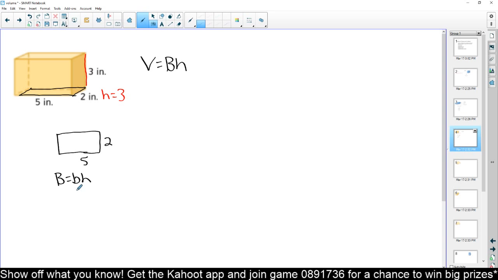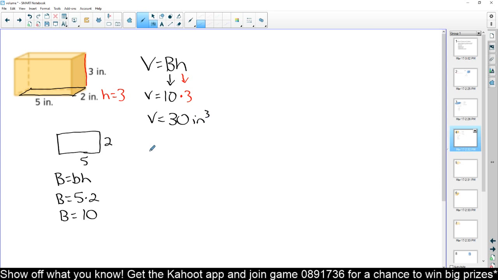Okay, so I'm going to substitute that in here. So B equals 5 times 2, or B equals 10. So I put that one right here. And then I know the height of the prism is 3. So I multiply those together and I get a volume of 30 inches cubed.